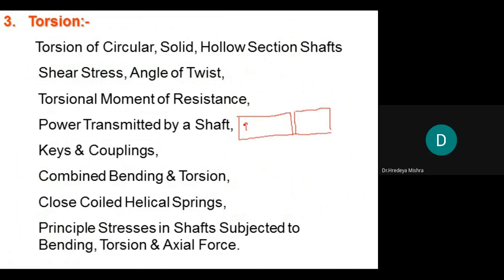This is shaft number one and this is shaft number two. So what happens? This shaft is connected via a key like this.